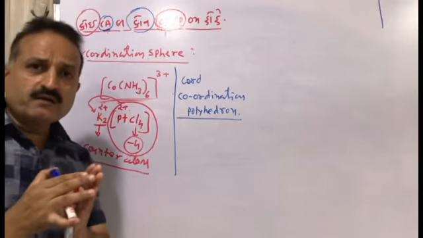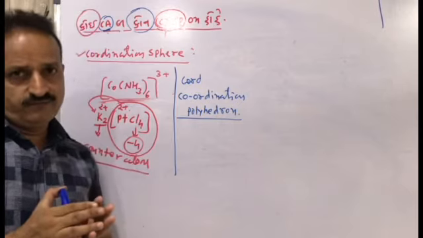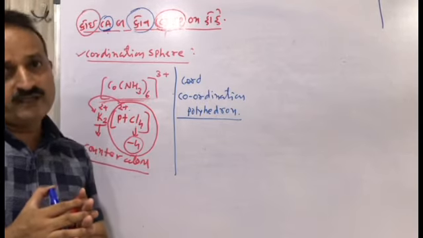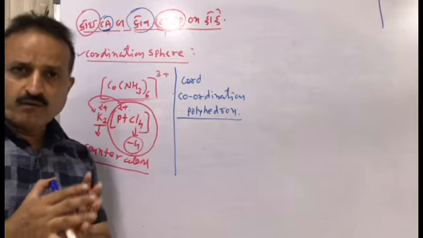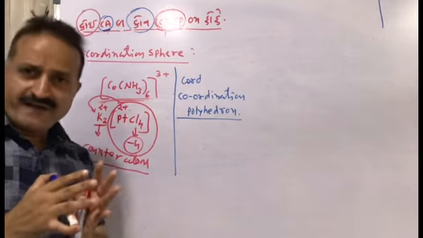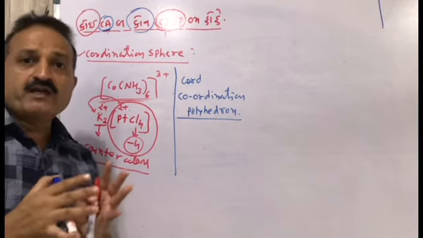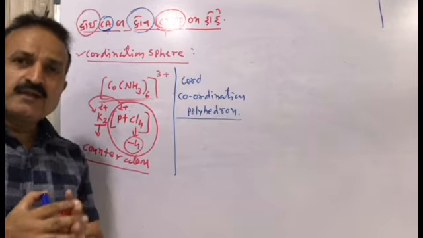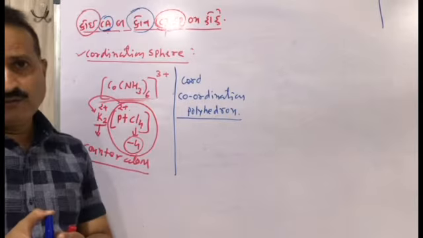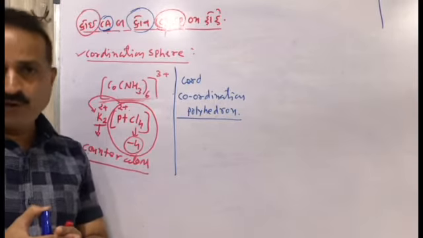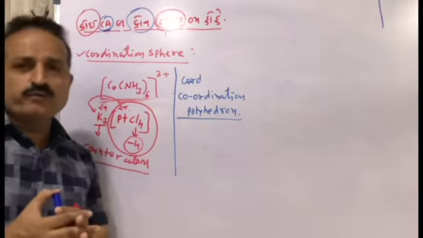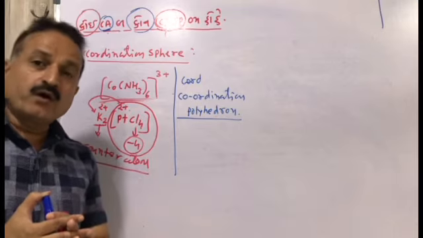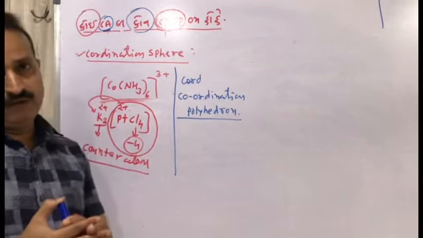So there are mostly 3 types of geometrical design obtained: octahedral, tetrahedral and square planar. But there are other polyhedral designs obtained, such as square pyramidal or trigonal bipyramidal.